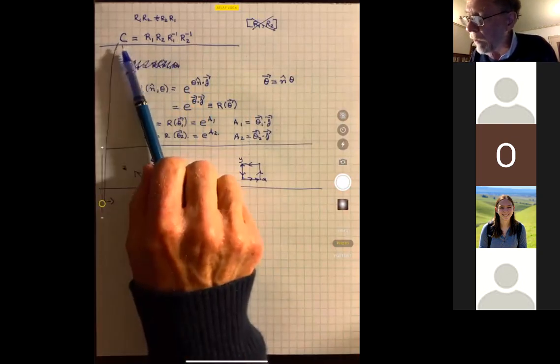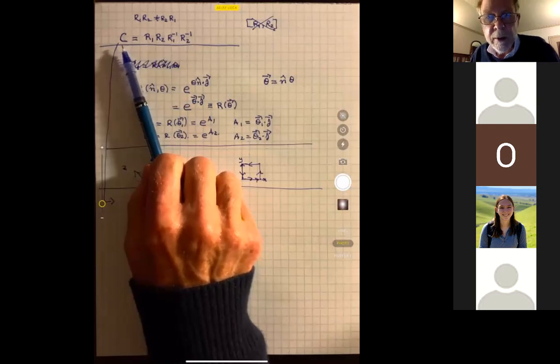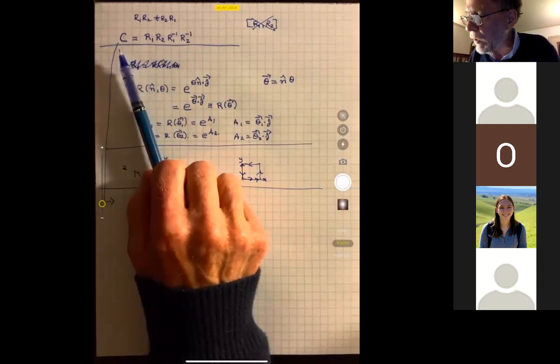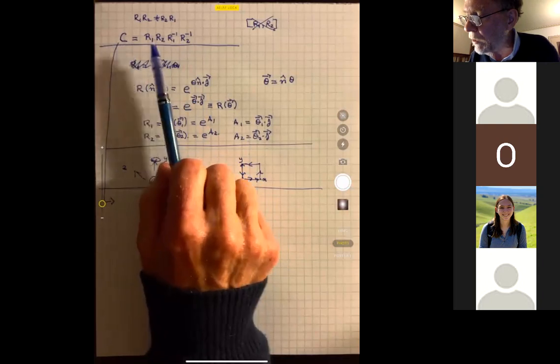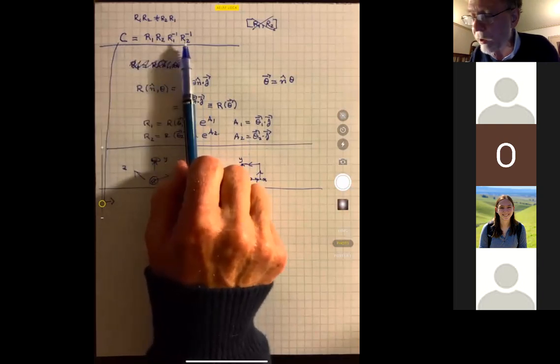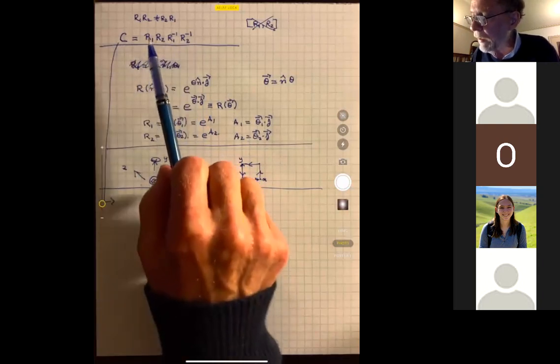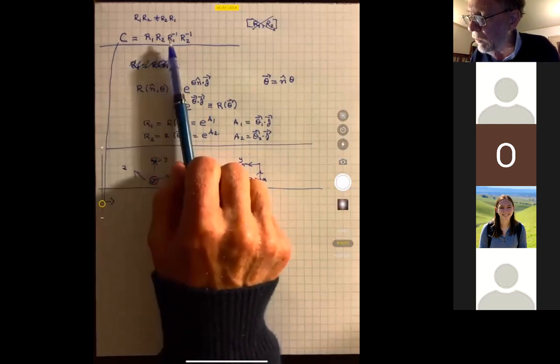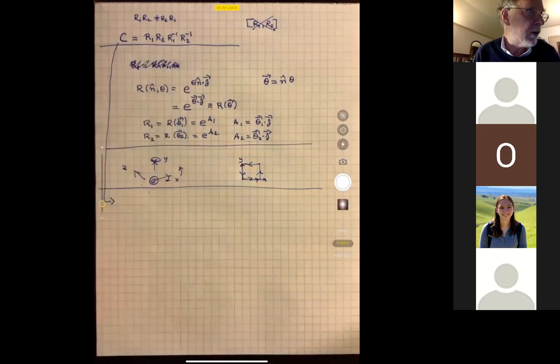Then clearly C itself is a near identity rotation, a product of 4 near identity ones. And the question is going to be, what is the axis and angle of C in terms of the axis and angle of R1 and R2? It turns out, to answer that question, you have to carry the Taylor series for R1 and R2 out to 2nd order. It won't do just to do it to 1st order.